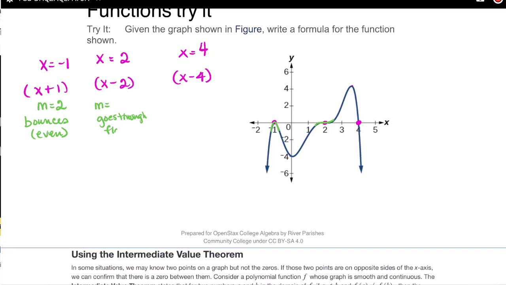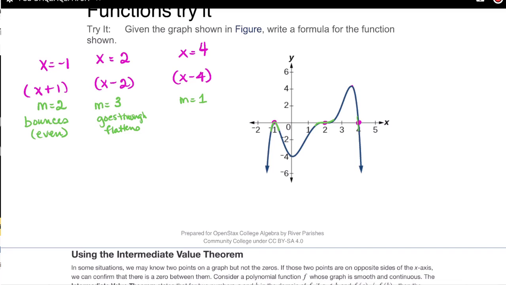So that means it's odd, but it's probably bigger than 1 because it flattens out. So let's try 3. And the last one looks like it goes straight through, so it's going to be a multiplicity of 1 because it doesn't look flat.